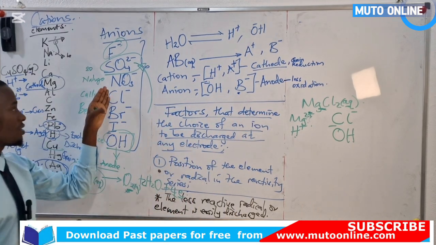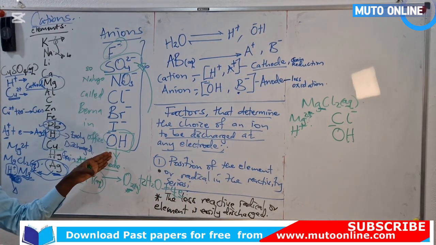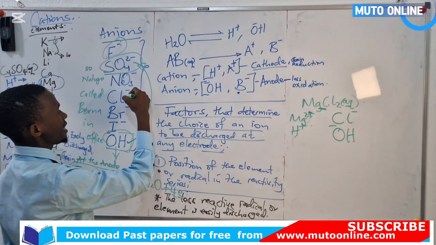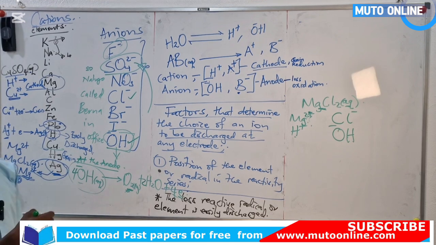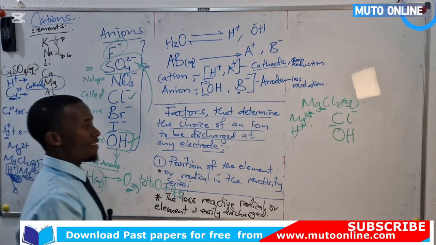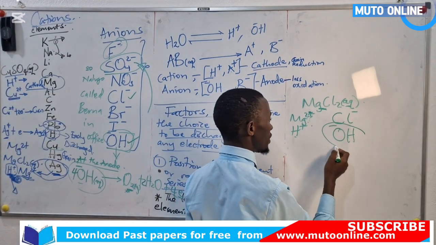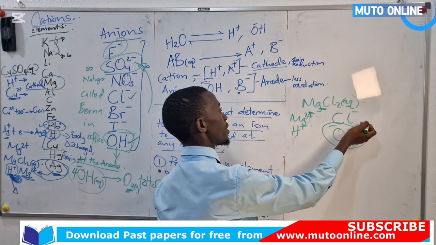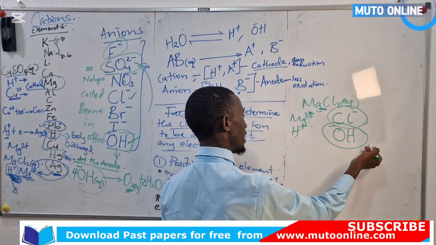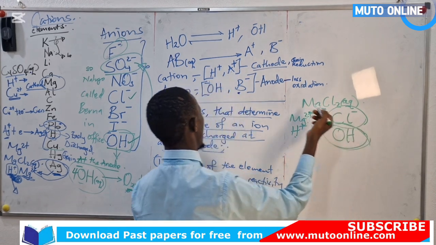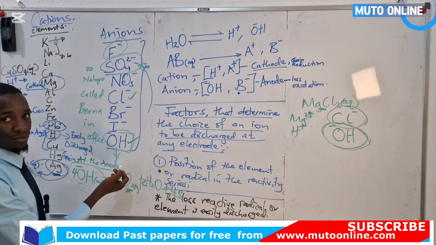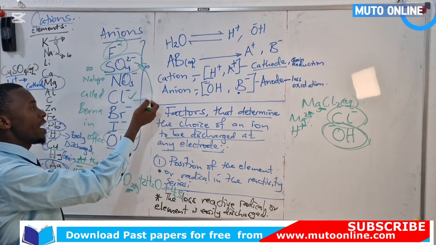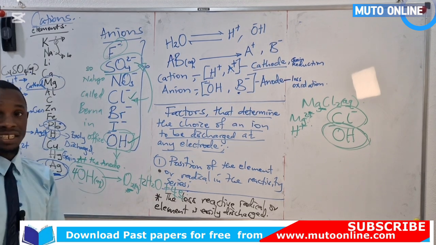So when we go into the reactivity series of anions, we see that the hydroxide is less reactive compared to the chloride ions, meaning that the hydroxide ions will easily be discharged in preference to the chloride ions, because the hydroxide ions are less reactive.